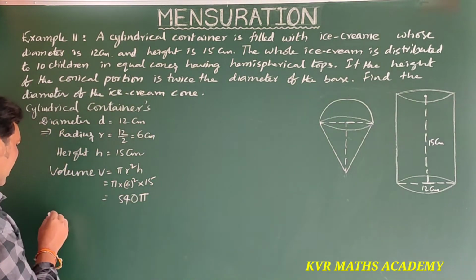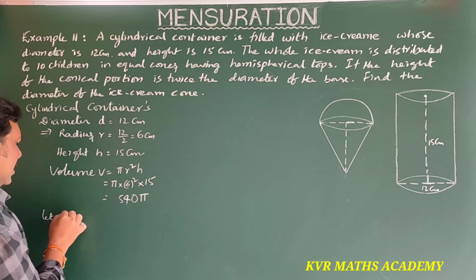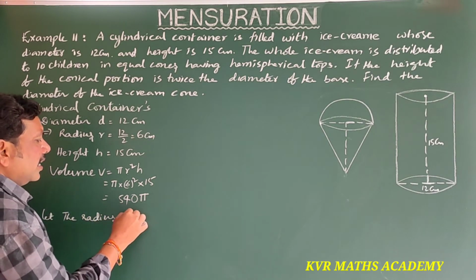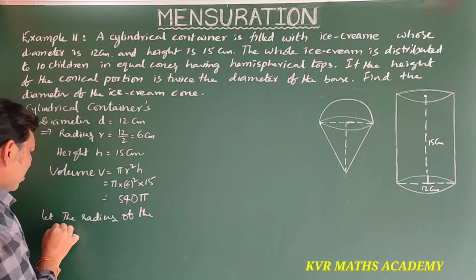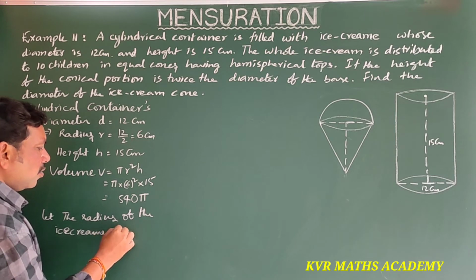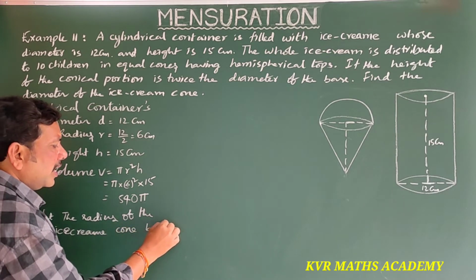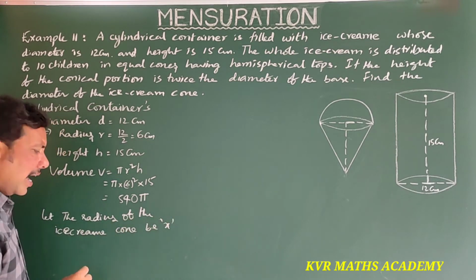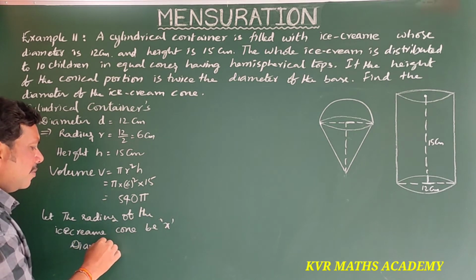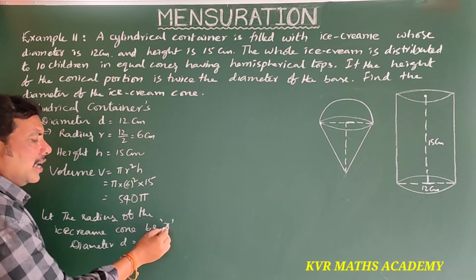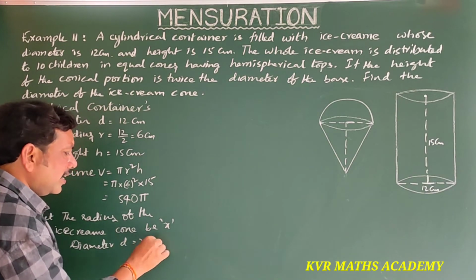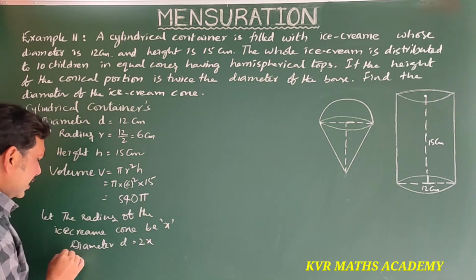Now take the conical portion, and this is the hemispherical portion. Let the radius of the ice cream cone be x. Its diameter D is twice the radius, so diameter D is 2x.